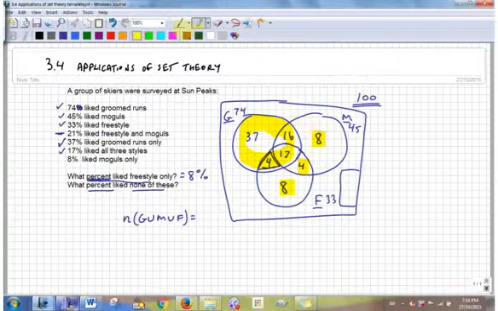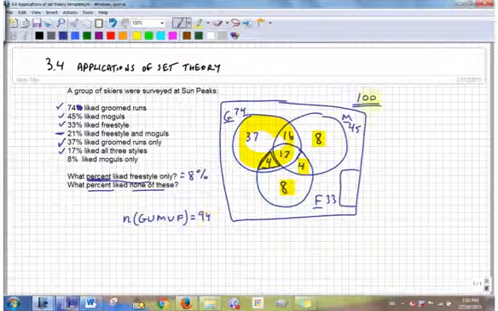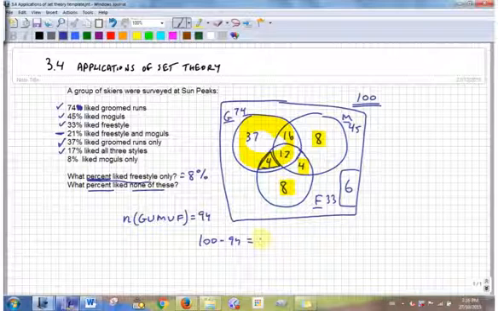Okay, so this is 94 out of 100, which means there must have been 6 that did not choose groomed, moguls, or freestyle. Okay, they liked cross country, something else, who knows, but those are not included in these 3 circles. But it all has to add up to 100 when I'm done.